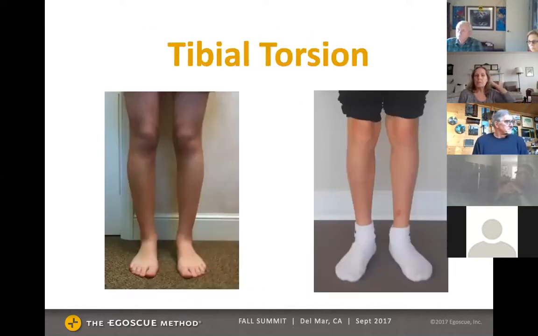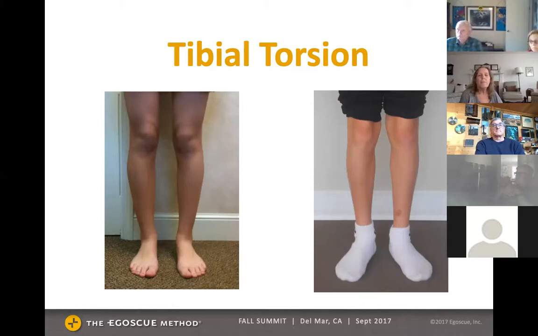Okay, tibial torsion. This is when the knee and the foot don't point the same direction, basically. If we look at our left here without the barefoot picture, it's easier to see on their left knee, so on our right-hand side. If you look at the kneecap, it's kind of pointed inward a bit, but then you can see the foot is pointed out slightly, or maybe relatively straight, but definitely compared to the knee, which is pointed in, the foot is turned out.